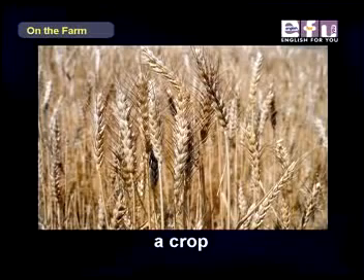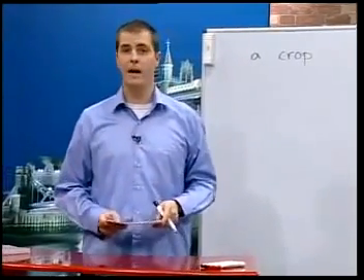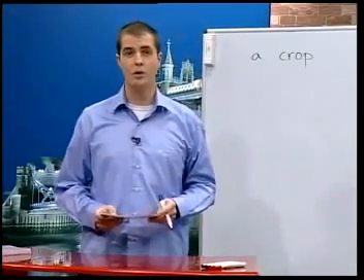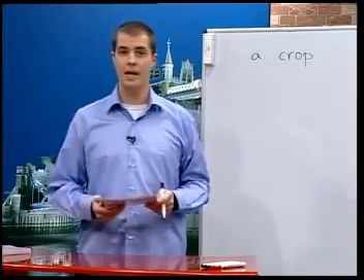So we have a crop. A crop is a plant that is grown by farmers, especially in order to be eaten. For example, wheat is a crop and rice is a crop.